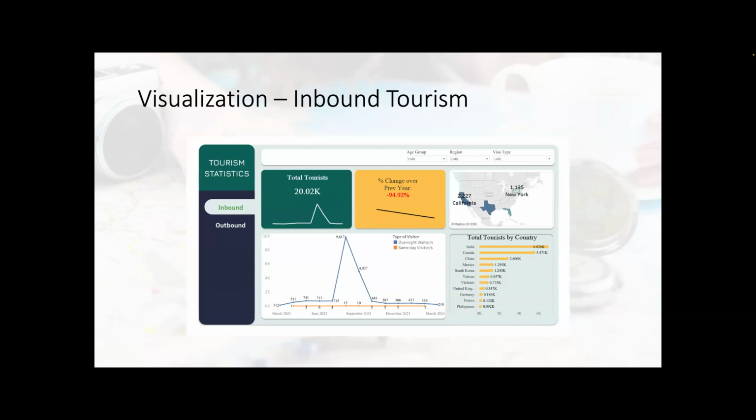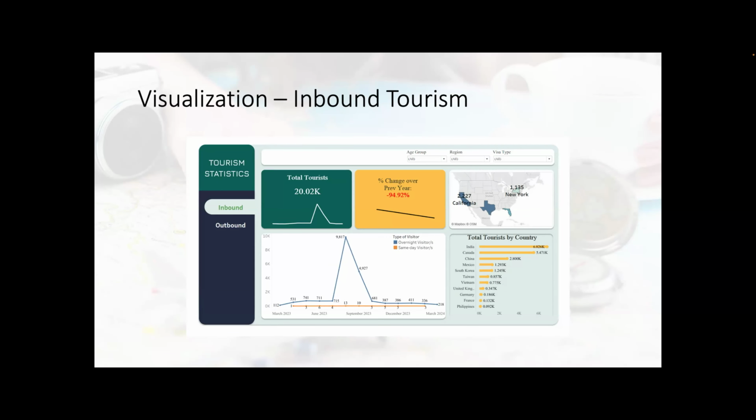Now we look at the inbound tourism that the United States has. We see a tremendous difference between outbound and inbound, with the total tourists coming in at 20,000K. We see a significant peak in August and September, which is contributed by the influx of students coming in for their undergrad or graduate studies. Then we see a decline, and after that it stays pretty consistent throughout the rest of the months.